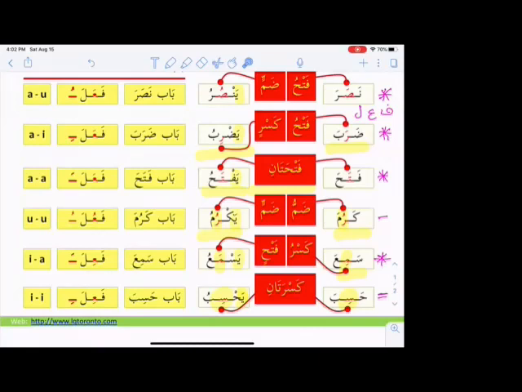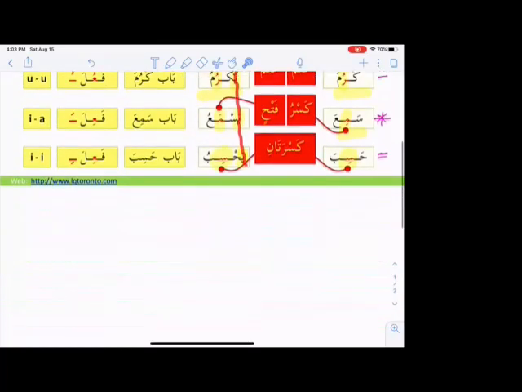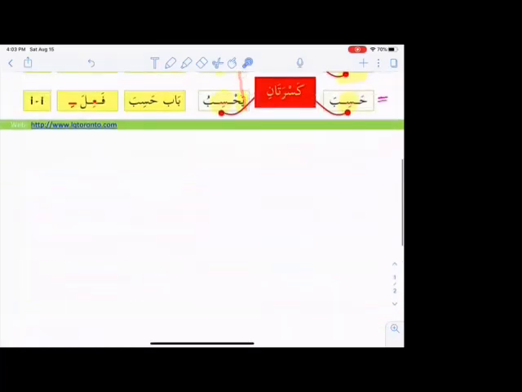When you bring it to the mudari', it begins with one letter which is called alamatu mudari', the sign of the mudari'. It will be ya or ta or alif or nun.